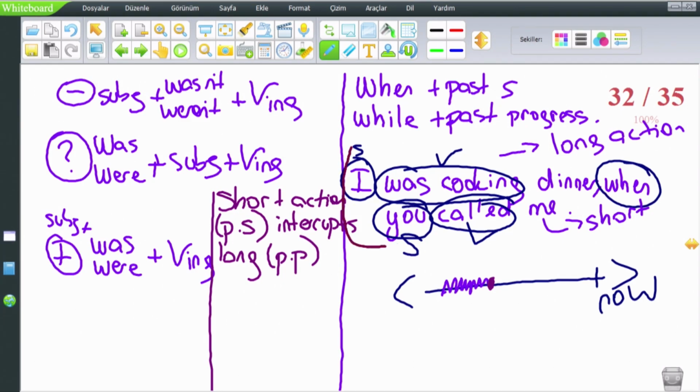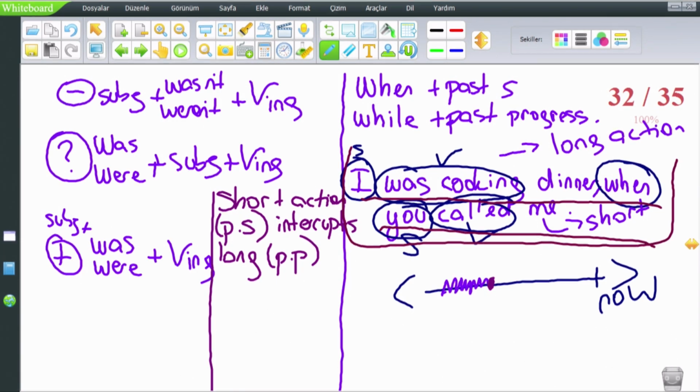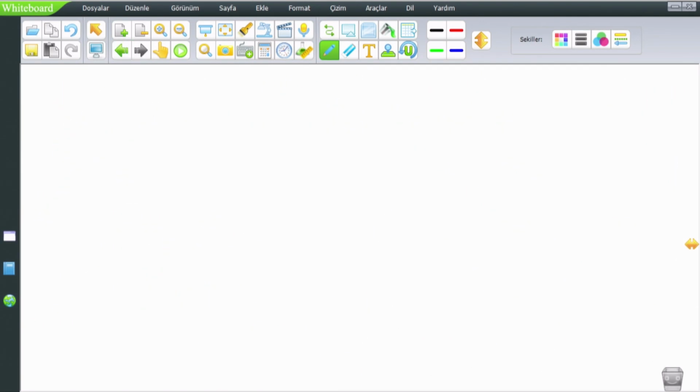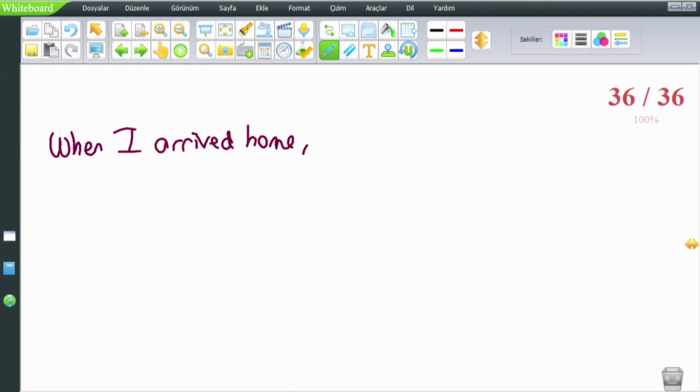For example, have a look at this one. We have two sentences and we did one of them short, one of them long. Now we are going to look at both short and long combined sentences. When I arrived home, my dad called me.